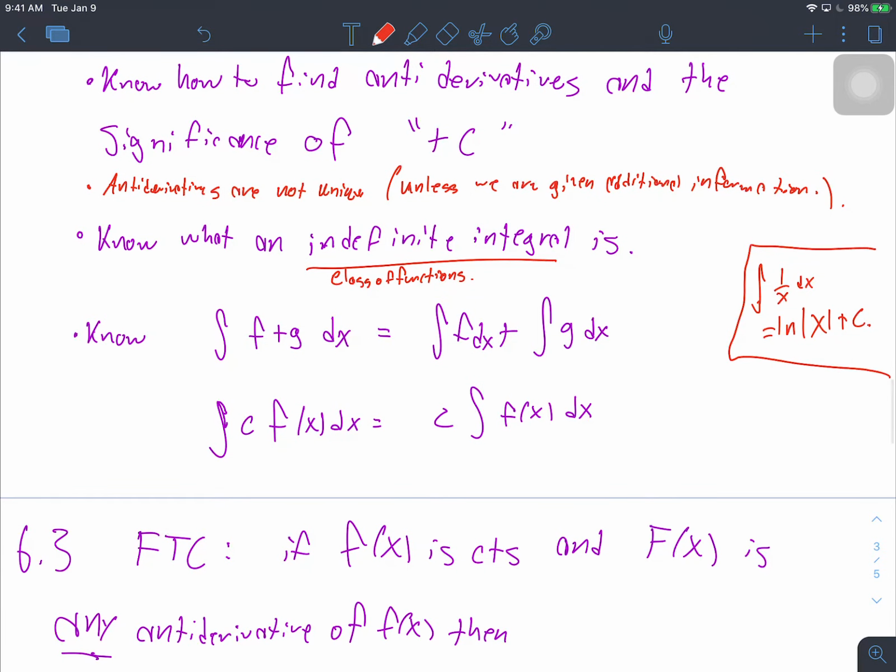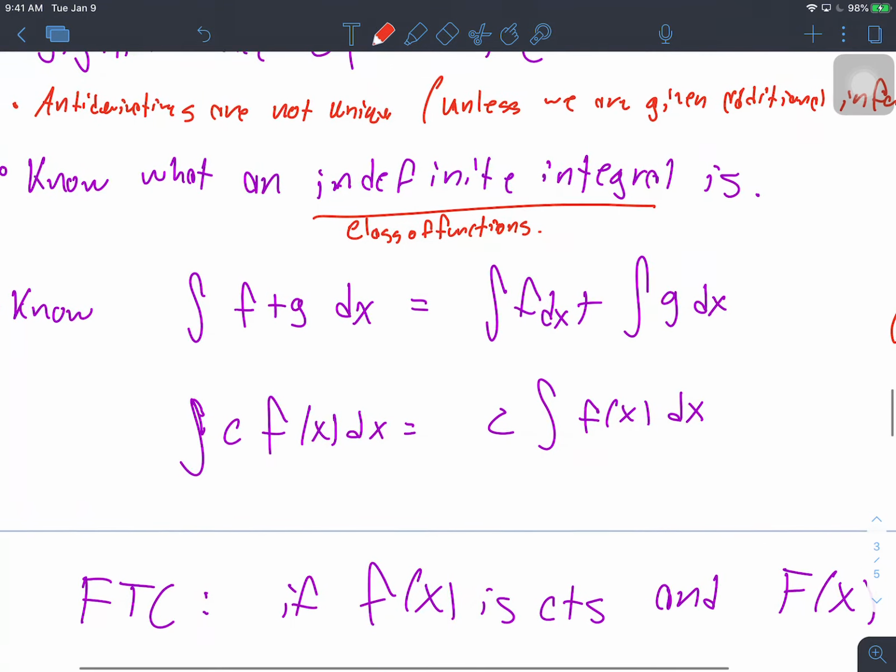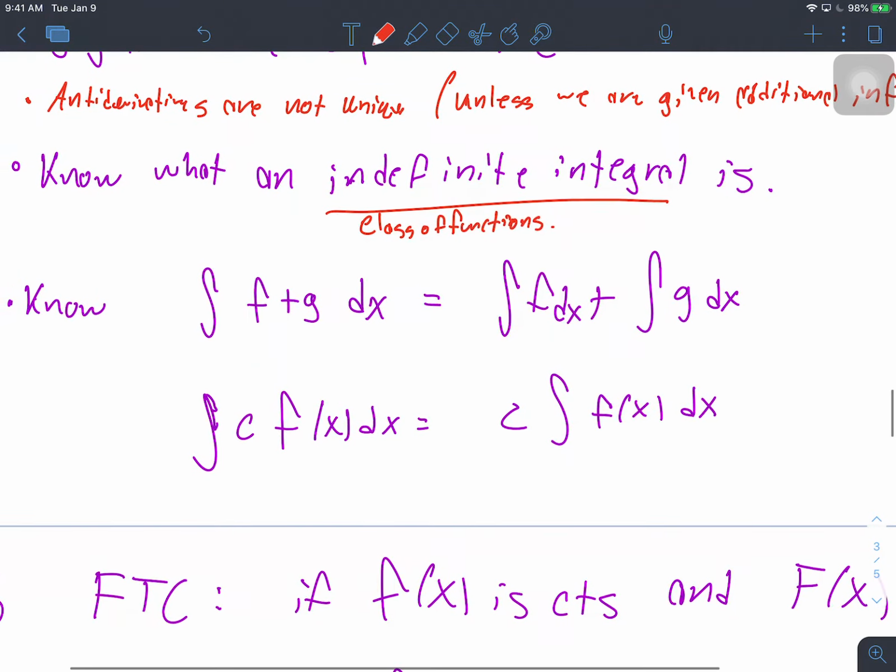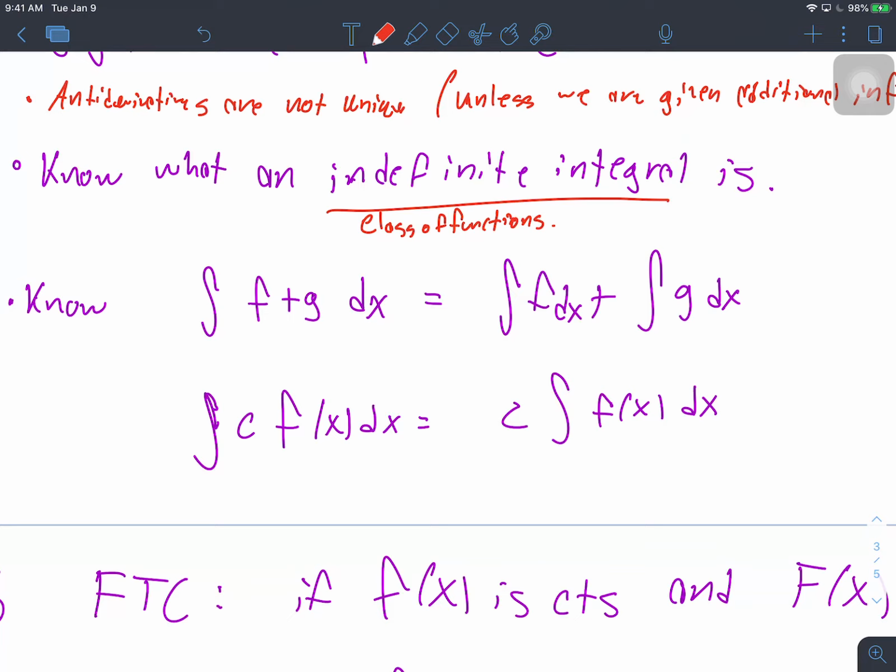These facts here are actually true whether we have indefinite integrals or definite integrals. So if we do the integral of f plus g dx, then we're going to get the integral of f dx plus the integral of g dx. So we can split these up based on the sums. We can just do the antiderivative of each piece by itself. Likewise, if we multiply by a constant, we can bring that constant out front and just say that the integral of a constant times a function is the same as multiplying the constant times the integral of the function.